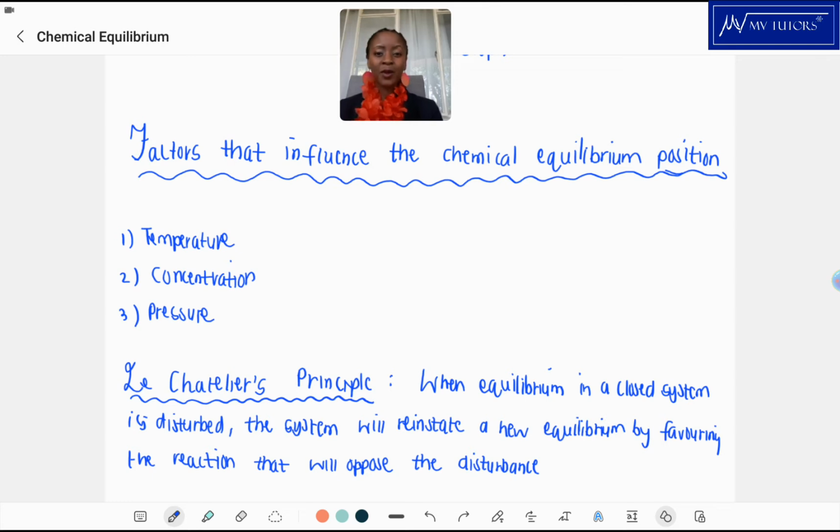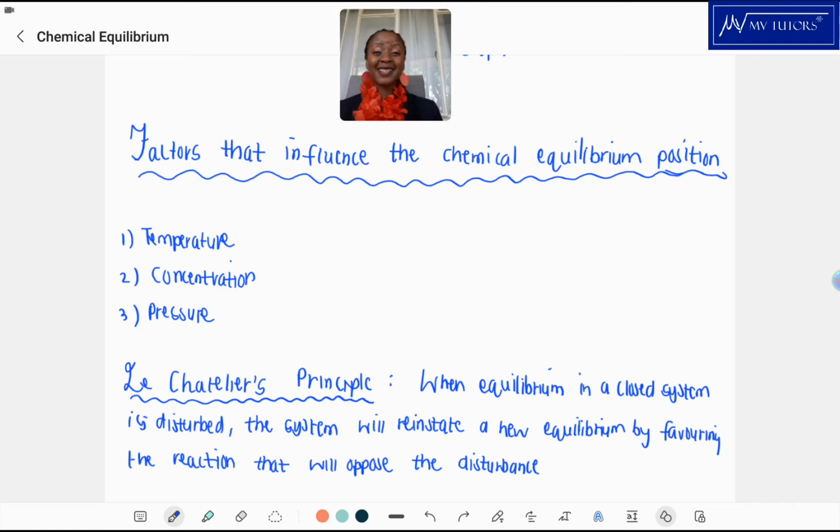So for example, there you are enjoying your life, and then December comes and the festivities and everybody's just eating everything, and you decide to join in and you gain weight. Before that, you were at equilibrium, eating healthy, good lifestyle, and then December came and you decided to eat rubbish, and then January came and the disturbance has been in your weight.